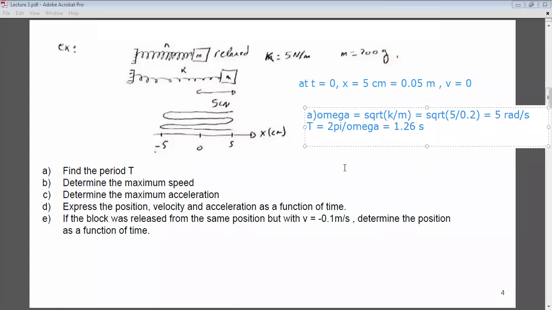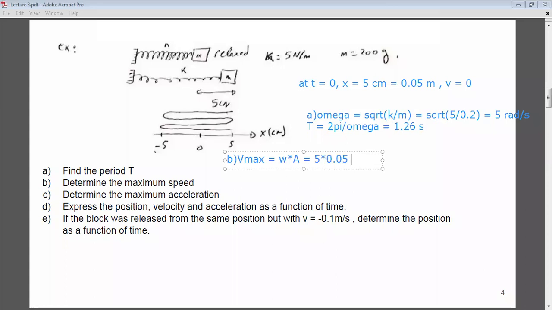Part B. Determine the maximum speed, V maximum equals omega times A. This is equal to omega, which is 5, times 0.05.